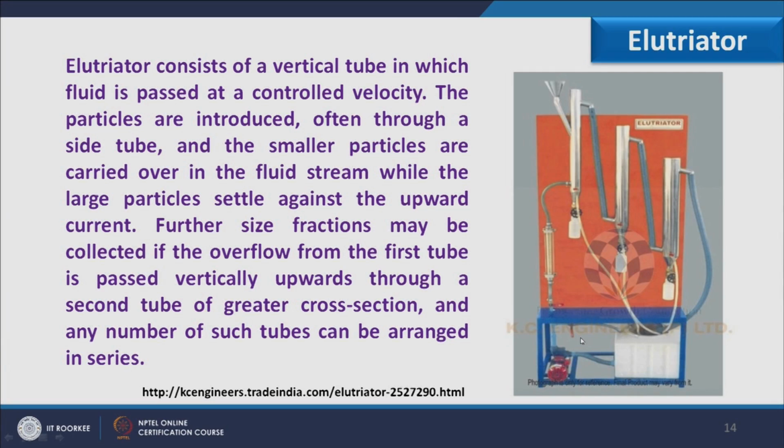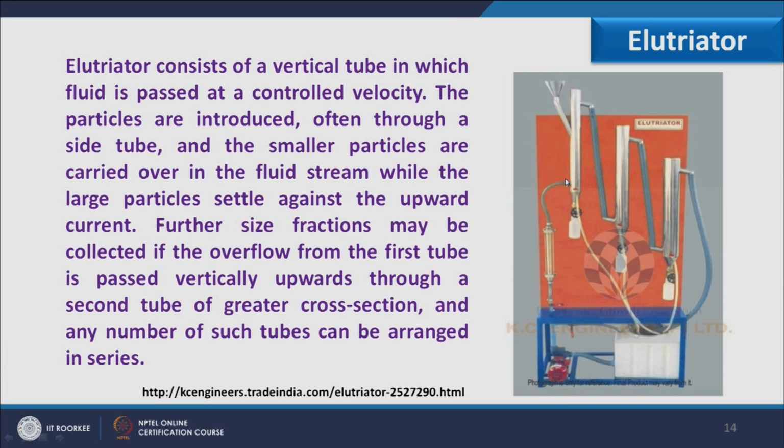Now, we have the Elutriator. What is an Elutriator? In this photographic view of an Elutriator, we have the entering of the water or the fluid. What happens in an Elutriator? Feed enters from here. These are basically huge cylinder-type equipment. Feed enters from here and water usually enters from the bottom.